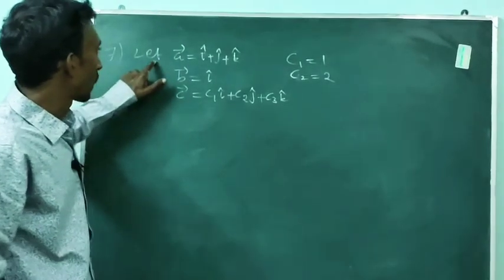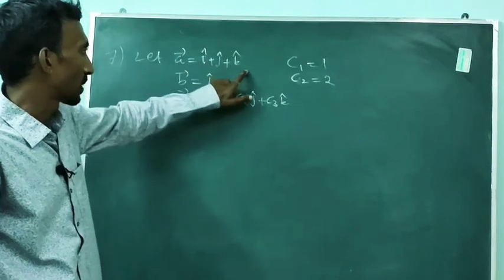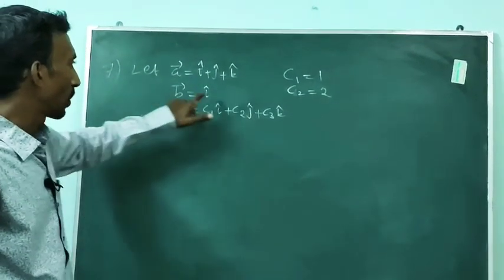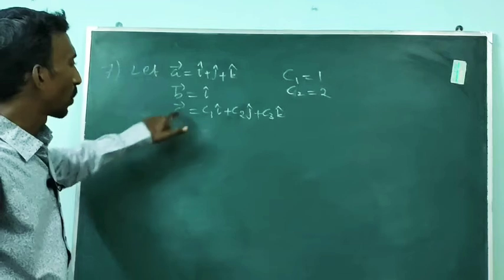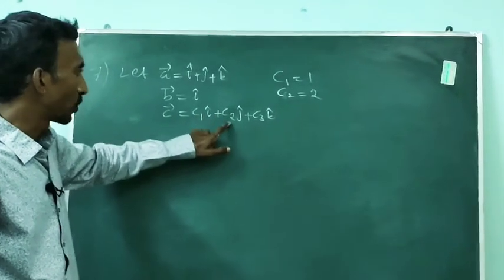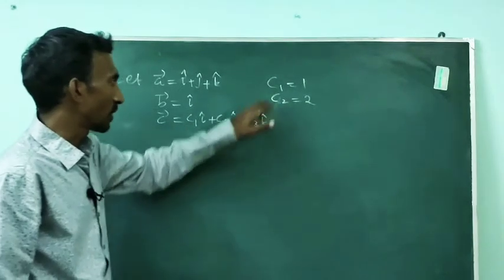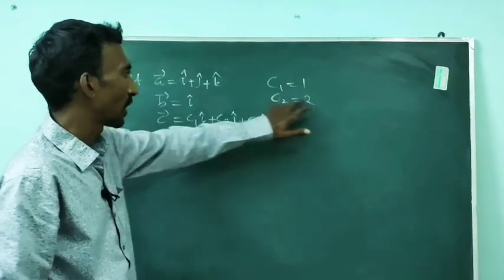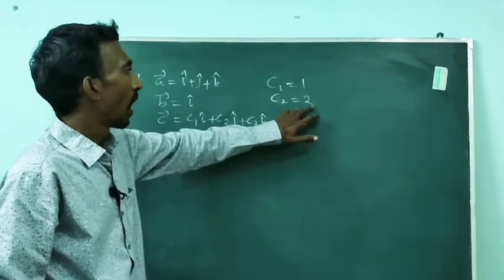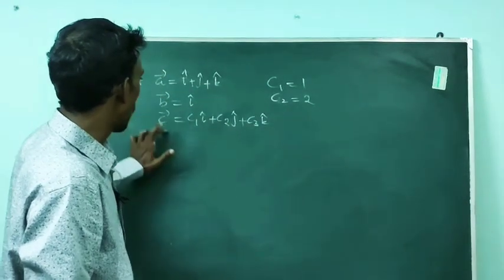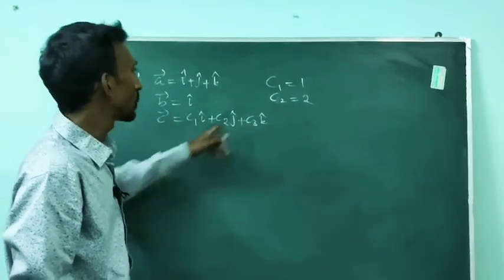Let A vector equal i plus j plus k, B vector equal i, C vector equal C1 i plus C2 j plus C3 k. And the condition is, if C1 equals 1 and C2 equals 2, and the three vectors A, B, C are coplanar, find C3.